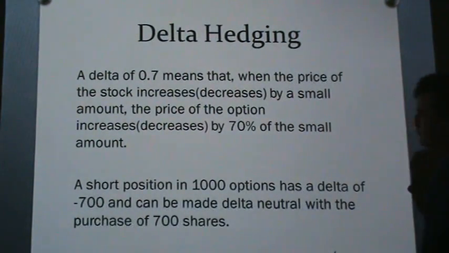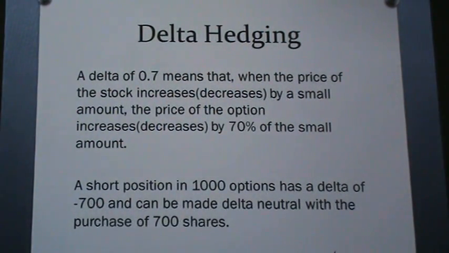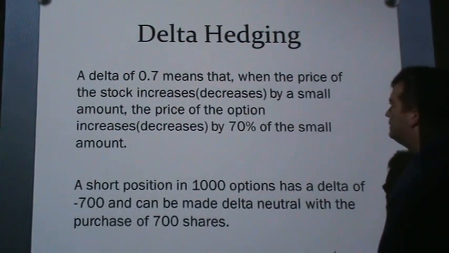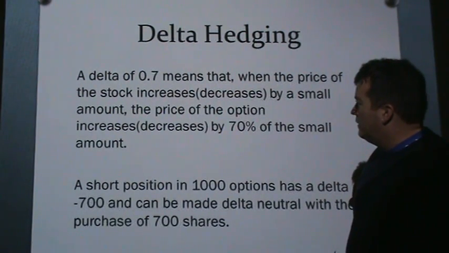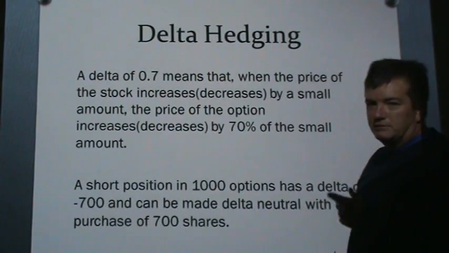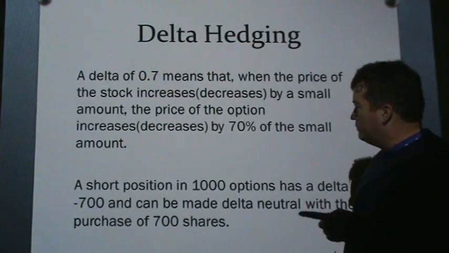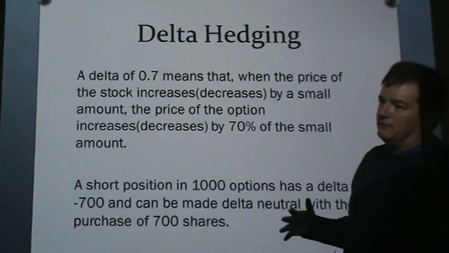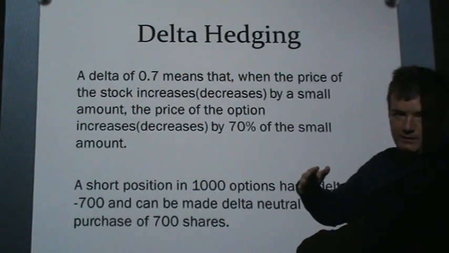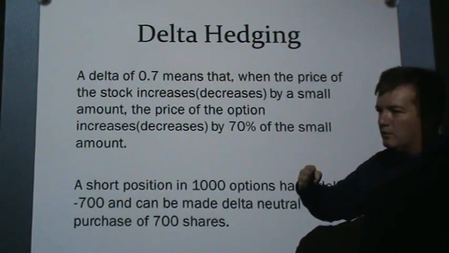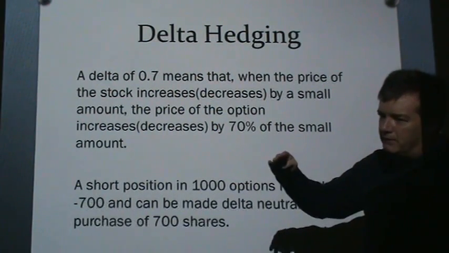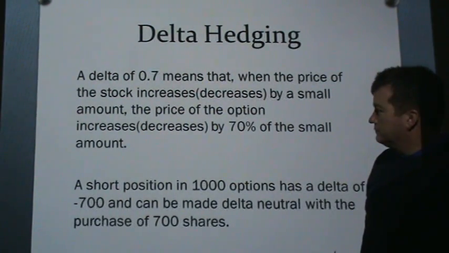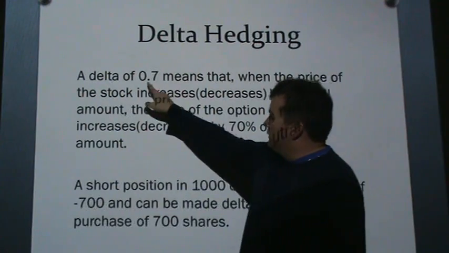This means that when the price of the stock increases by a small amount, the price of the call option will increase by 70% of that small amount. So that's kind of like saying, well, if the underlying stock went up $1, the call price is expected to go up 70 cents, if delta is calculated to currently be 0.7.